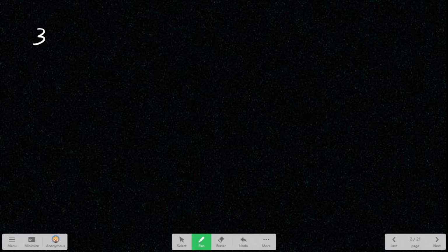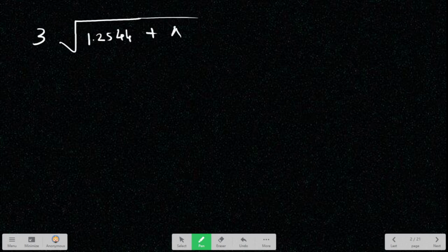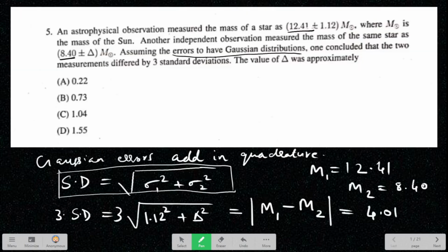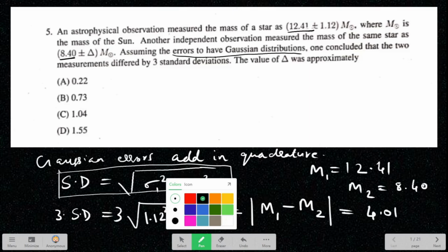So 3 into root of 1.12 square, which is 1.2544, plus delta square is equal to 4.01. This implies 4.01 by 3 is equal to root of 1.2544 plus delta square. So if you solve this equation, you will get delta approximately equal to 0.73. So the correct option here would be option B. Option B is the correct answer.